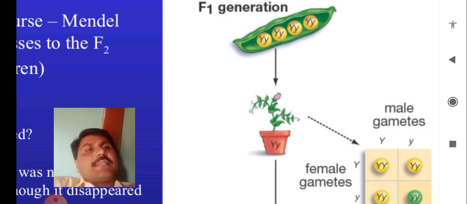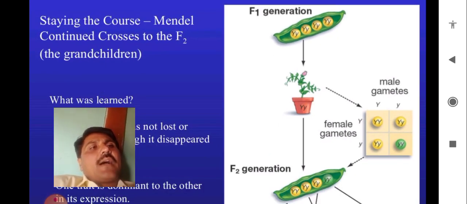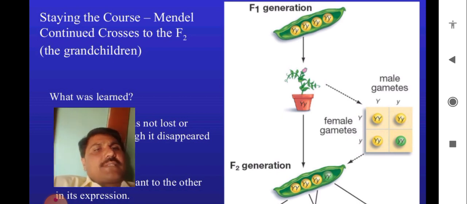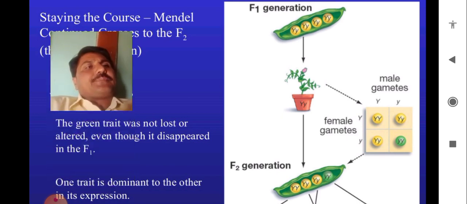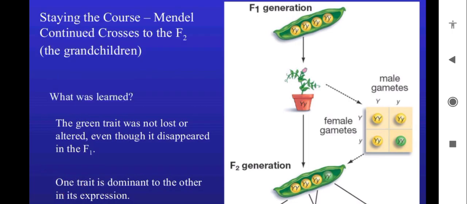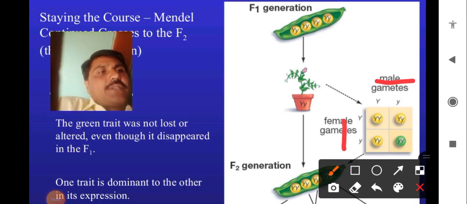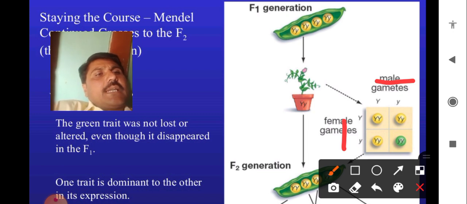The plant arises with the flower, and whatever seeds we get from them are put in the Punnett square. From the left-hand side you can see the female gametes, which are shown over here. This is the female gametes and this one is the male gametes.